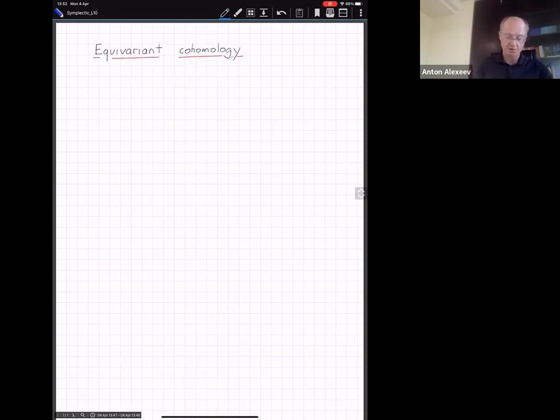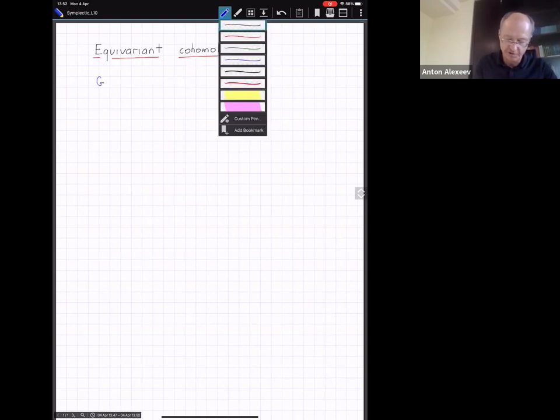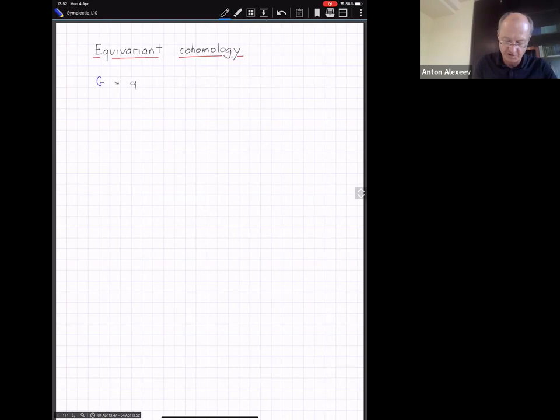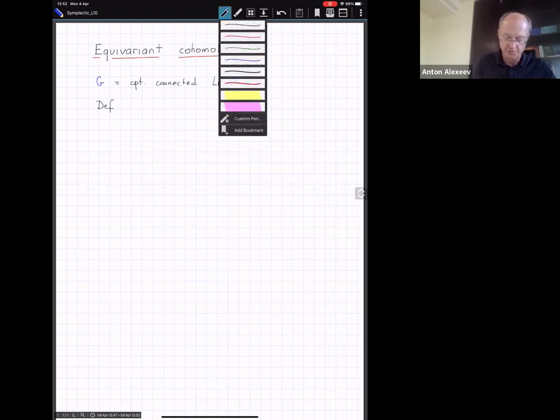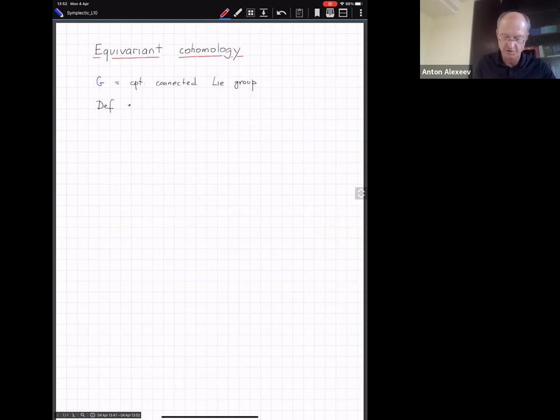All right, so what is the setup? As usual, we have G, say a compact connected Lie group, and here is the following definition, which plays an important role in the story.